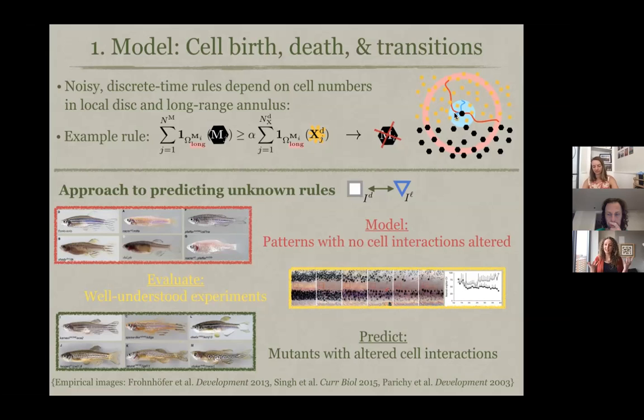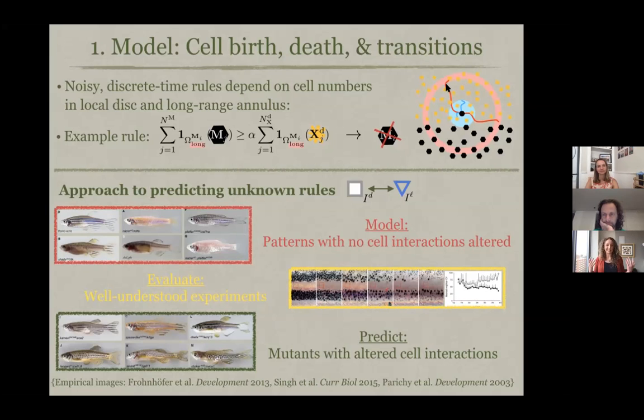What we would do to determine its behavior is we'd look in its local neighborhood, that blue ball, and then we'd also look in a long-range annulus, or donut, surrounding the point. That annulus represents the types of cells this cell could communicate with through its long extensions in a homogeneous way.